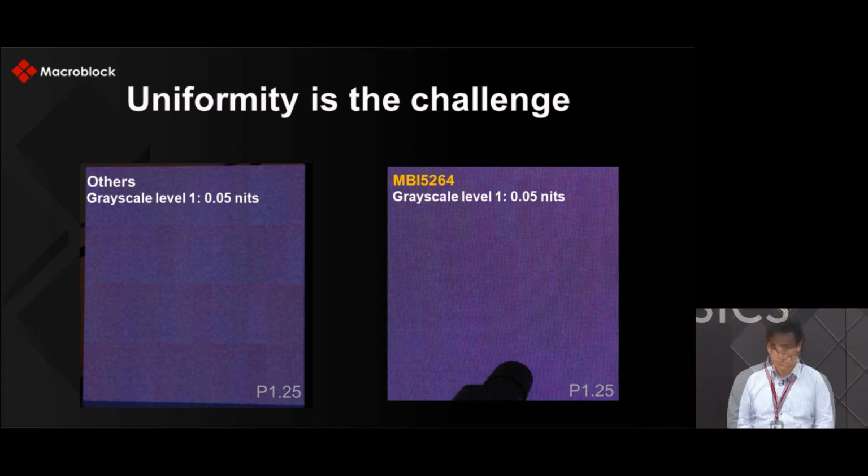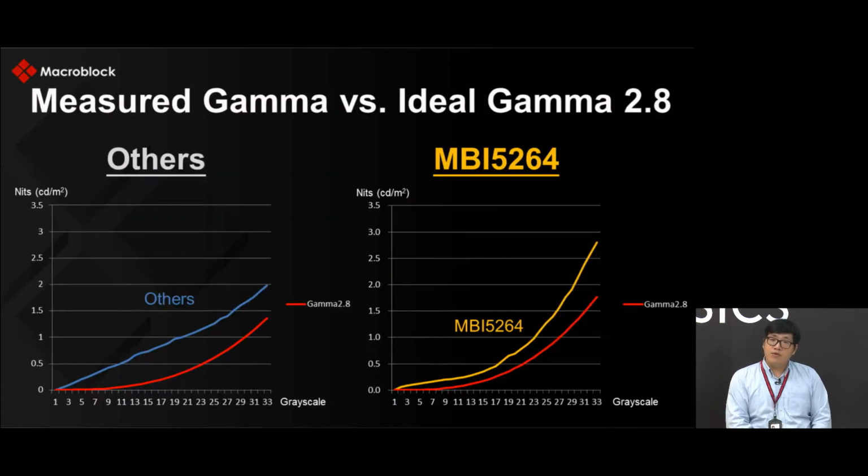Yeah, exactly. Technically, the minimal gray feature of MBI5264 can provide a more precise gamma curve, which is very close to gamma 2.8. Thus, the original video is truly reproduced in the LED display.